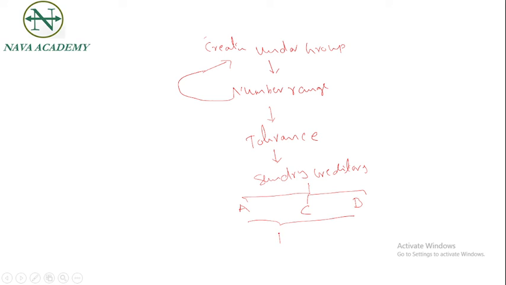Document types, I already told you, for creditors: KZ, KR, KA.